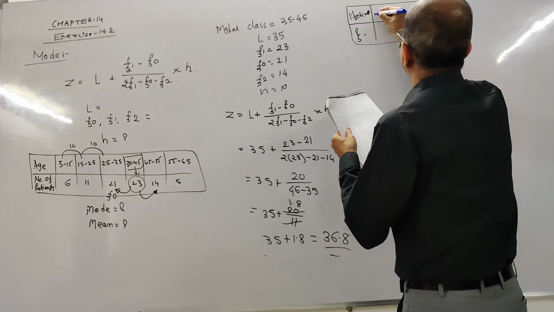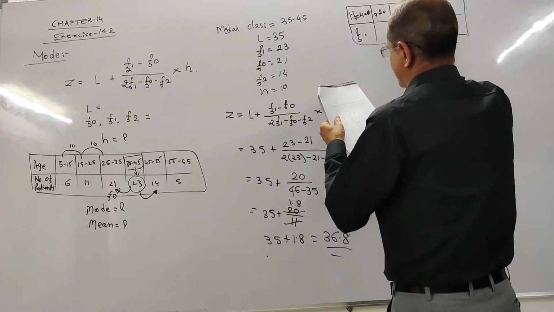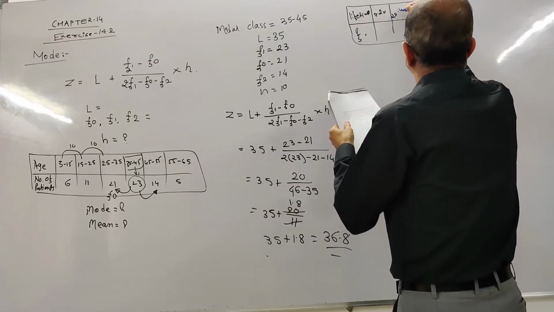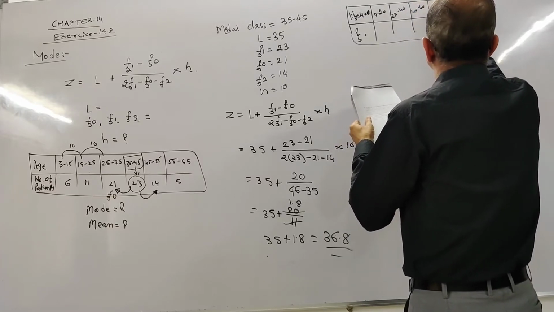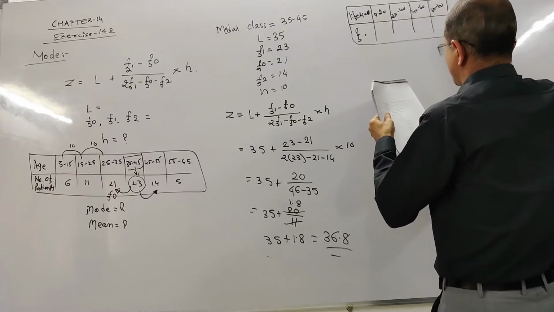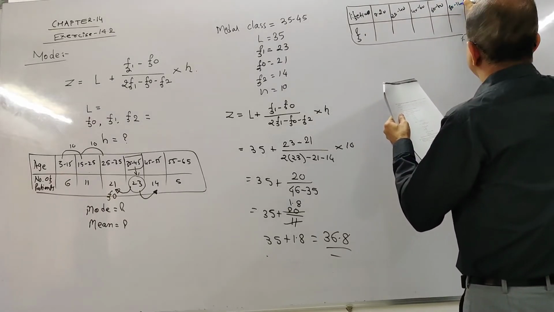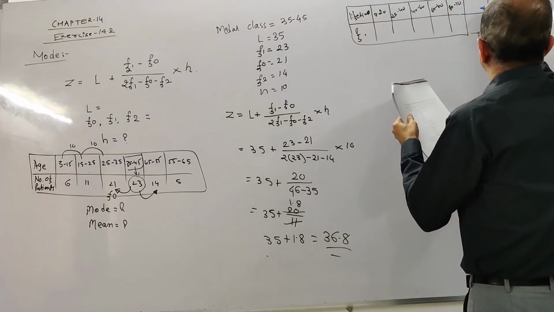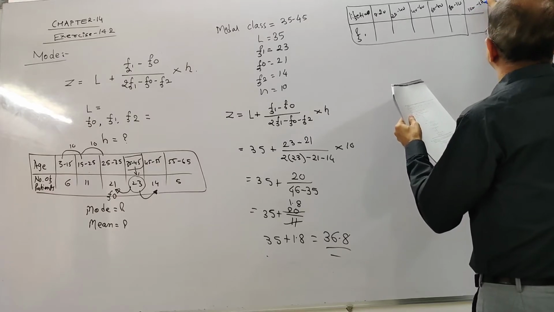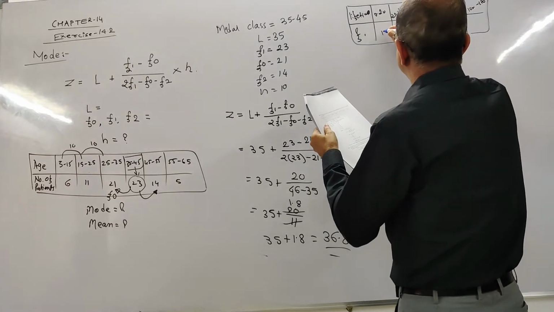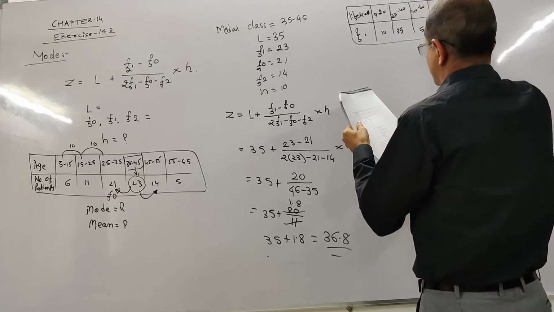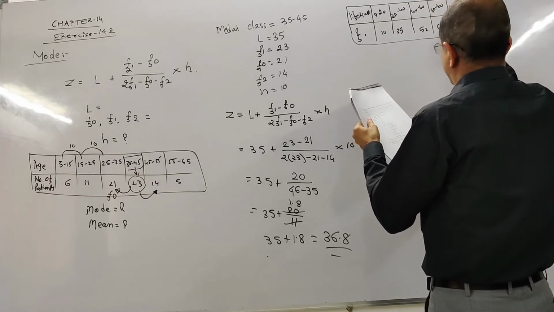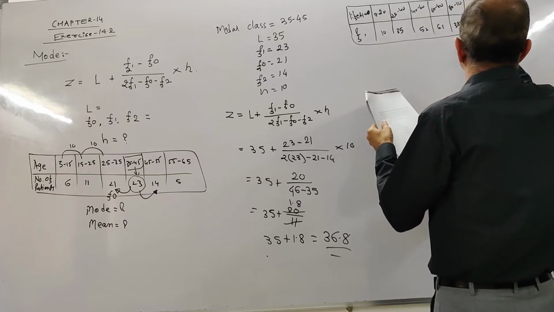The classes are 0 to 20, 20 to 40, 40 to 60, 60 to 80, 80 to 100, and the last one is 100 to 120. The frequencies are 10, 35, 52, 61, 38 and 29.